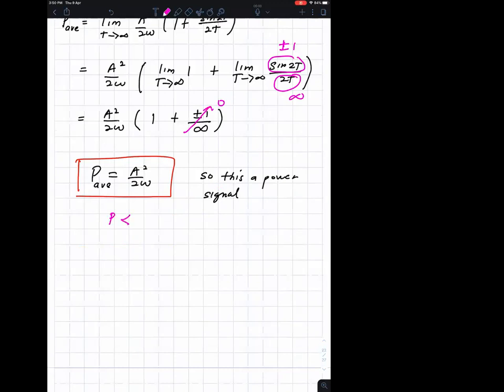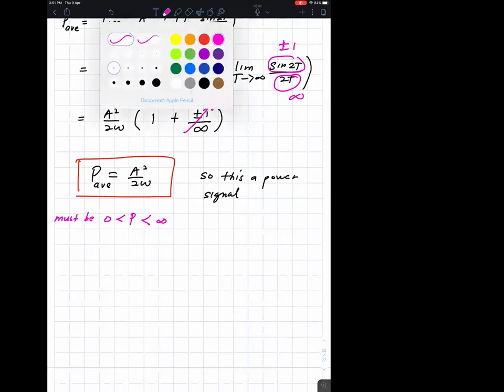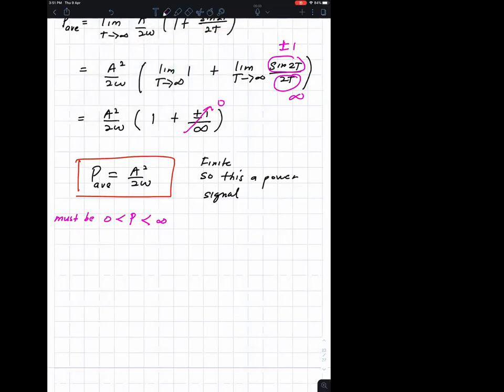Power has to be between 0 and infinity; it must be a finite value. So this is a power signal. All right.